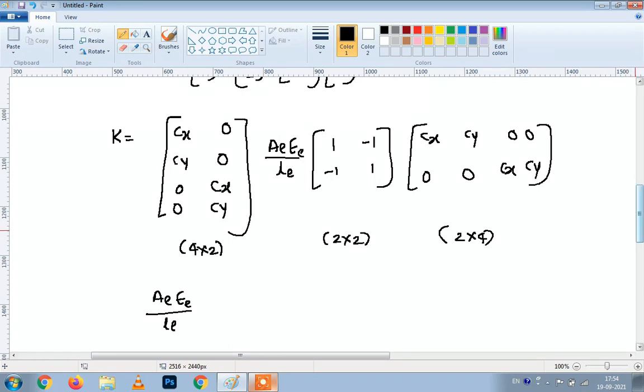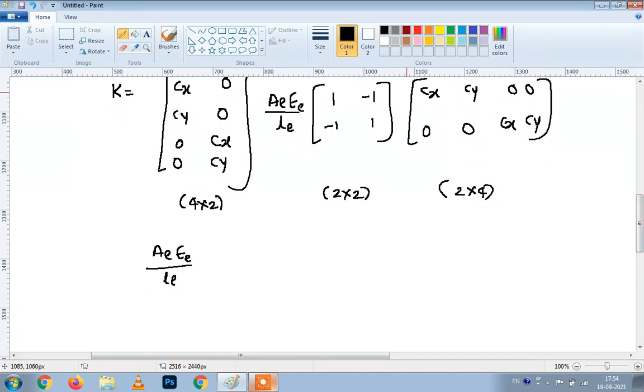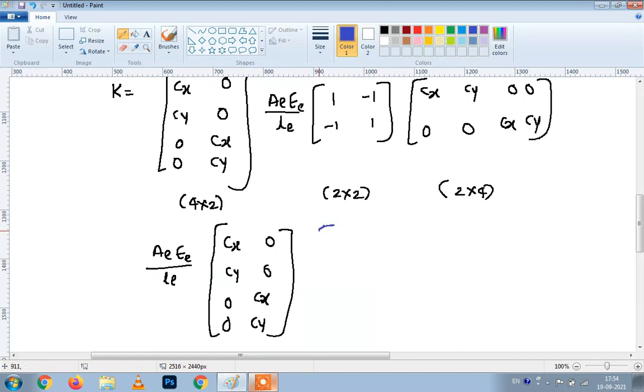Our first matrix will be as it is. Firstly, we will multiply the second matrix with the third matrix. So we will write this as it is, 0 0 0 Cx and Cy. Now we will multiply this 2 by 2 with the 2 by 4 matrix.